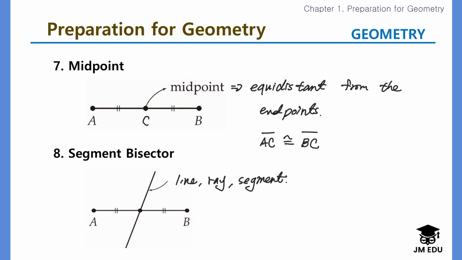Since the length from here to here and here to here are equal, we can say that if this is point C, segment AC is congruent to segment BC, right?